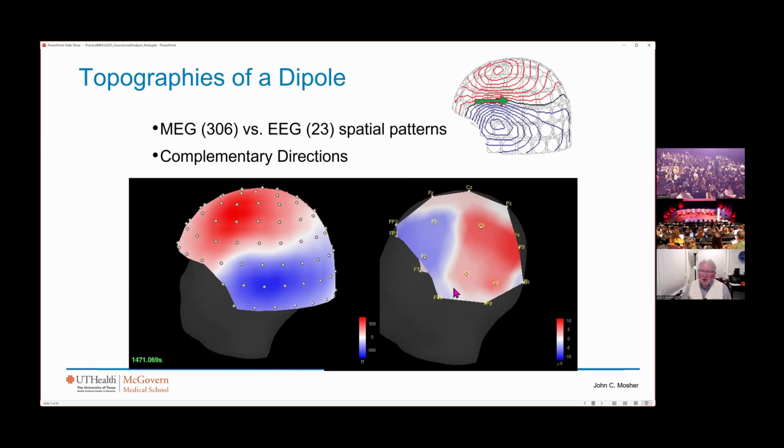But EEG is always perpendicular to that. We have the zero crossing going perpendicular to the dipole. We see positivity and negativity, but it's important to note that it's still exactly the same dipolar source. There's no difference in the way we model the current dipole. And they're very complementary directions, and we always run them. This is a very low pattern, 23 versus 306, but you get the point there.